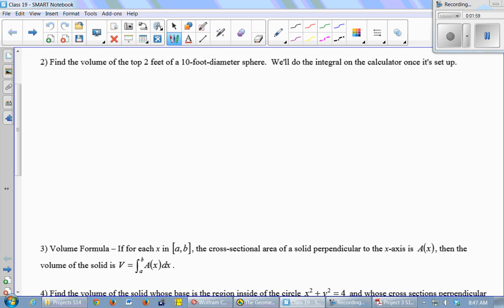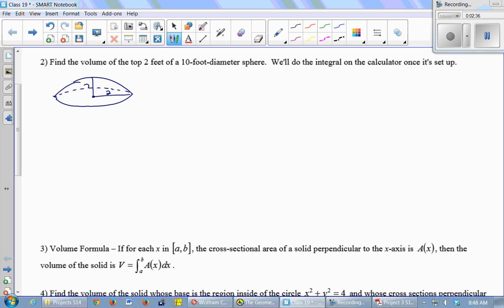Okay, so if I draw a sphere, I'm just looking to find the volume of this cap. So ignore all the rest of the sphere. I just want to find the volume of this cap. And the base of this cap is 2, because it's the top 2 feet.